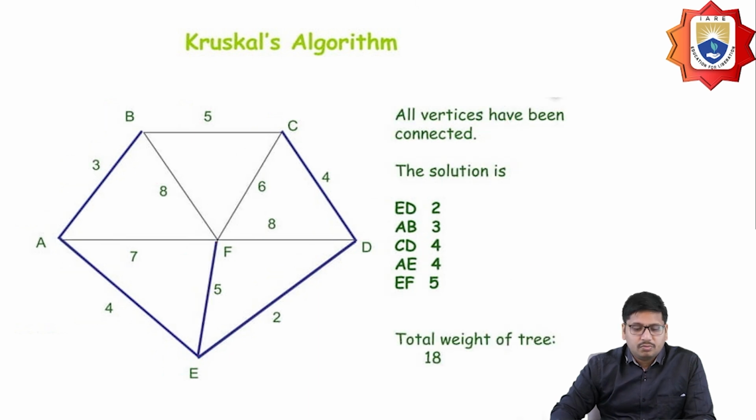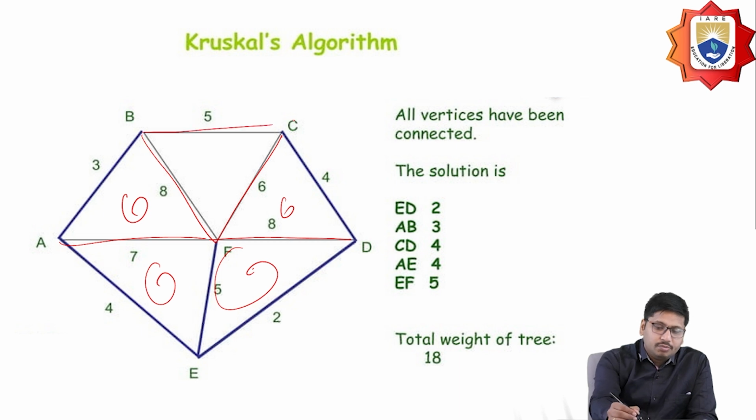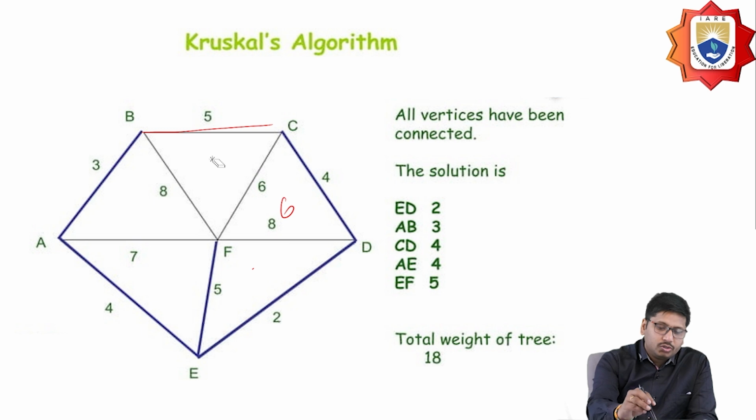All the vertices are now visited, so FD should not be selected because it is going to form a cycle, and AF may not be selected because it also forms a cycle. DF, CF and BC also form cycles, so I am not going to select any of those edges.